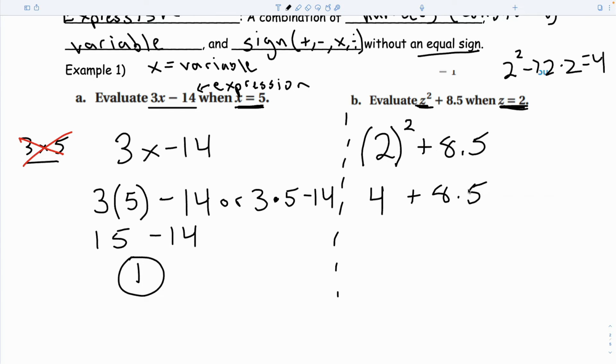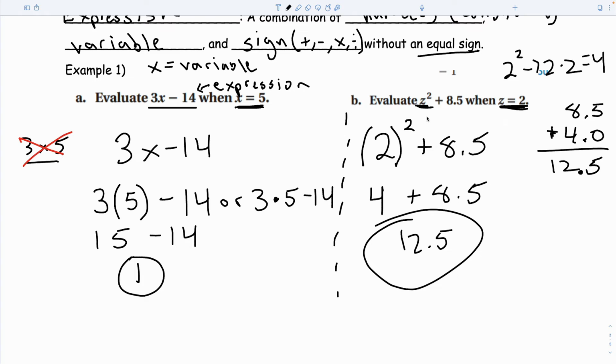There's no multiplication. There's no division. Go to addition. 4 plus 8.5. Let's use some scratch work. Remember when I add a decimal, we build a snowman. 4 is the same as 4.0, and your answer is 12.5. So when z squared plus 8.5 has z equaling 2, you're going to get a number that's 12.5.